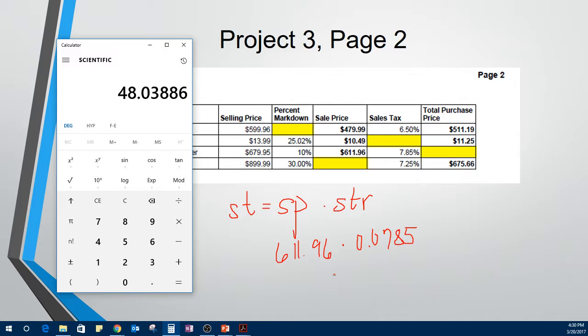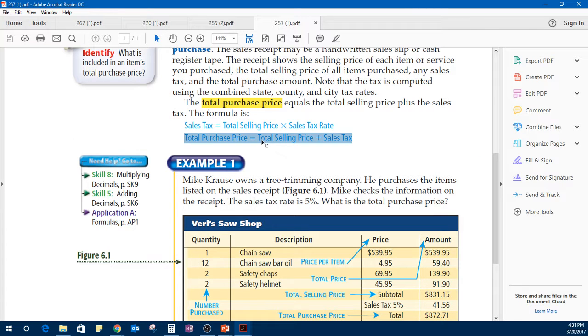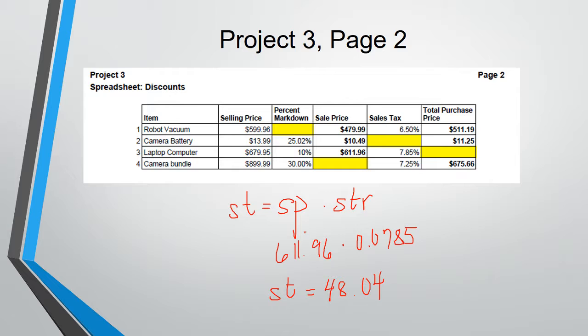So going back really quick, the formula of total purchase price is adding the sale price, the total selling price, plus the sales tax. So I'm going to do TPP equals the sale price, which is $611.96, and we're going to add the sales tax to that.